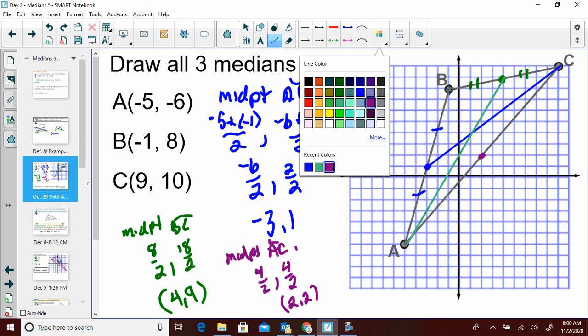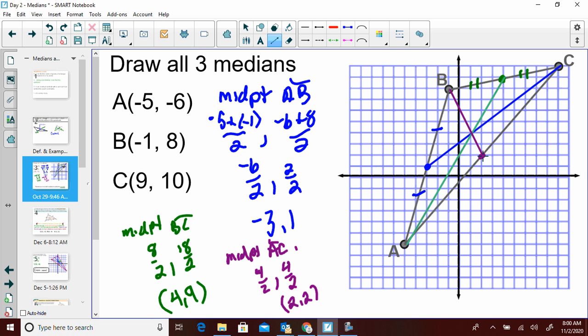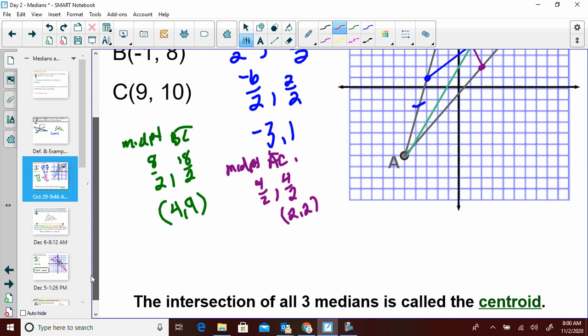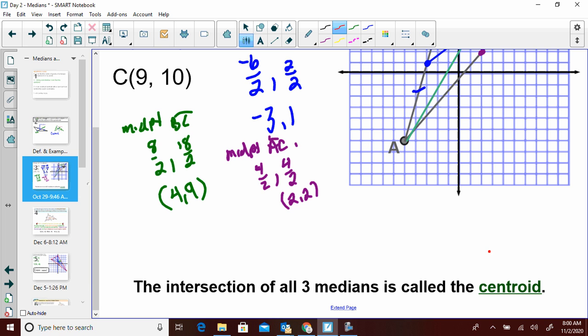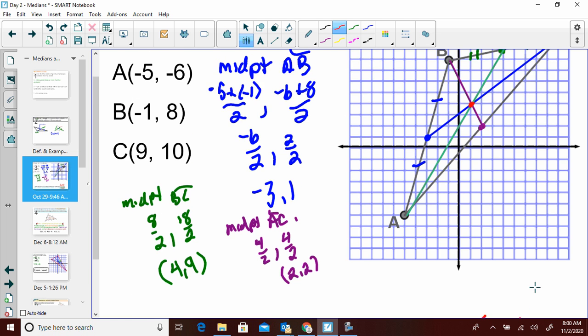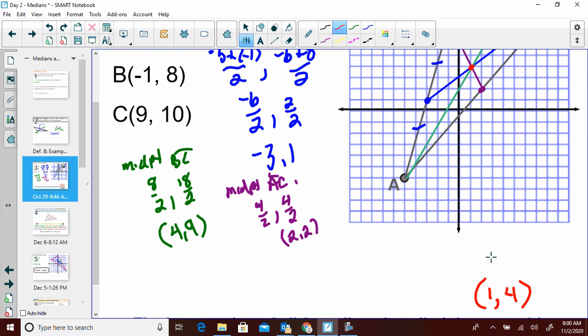From B to C. So now we have our 3 medians, and they all intersect at 1, 4. The centroid is 1, 4. The intersection of all 3 medians is called the centroid, and right here is my centroid.